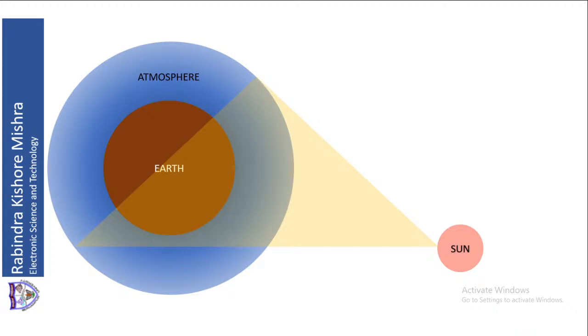Now, as it penetrates through the atmosphere, the density of gases keeps on increasing, whereas the distance from the Sun keeps on increasing also. Since the distance from the Sun keeps on increasing, the intensity keeps on decreasing.